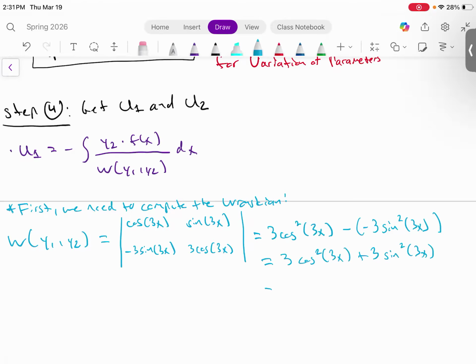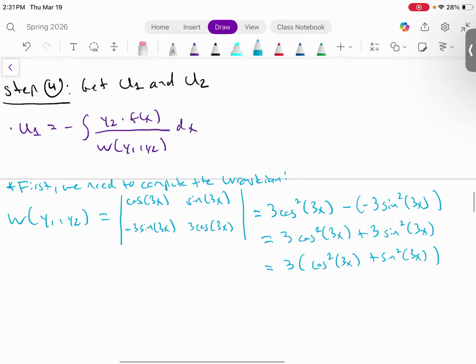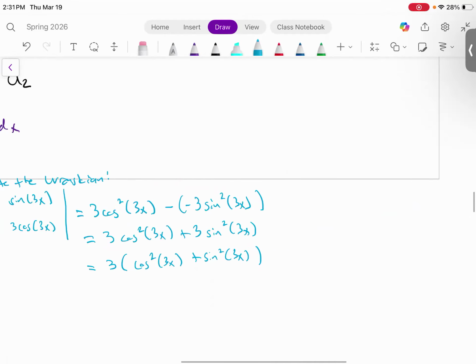And we could factor out a 3. This is cosine squared 3x plus sine squared 3x. And cosine squared plus sine squared, well, that's our very old friend, the trig identity.